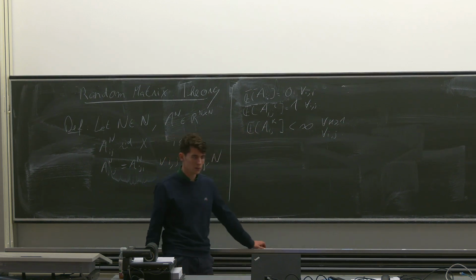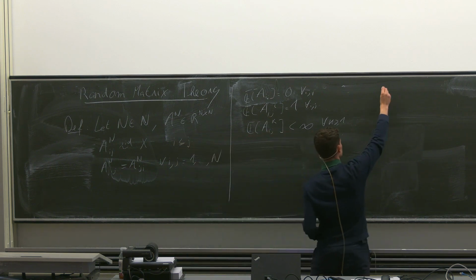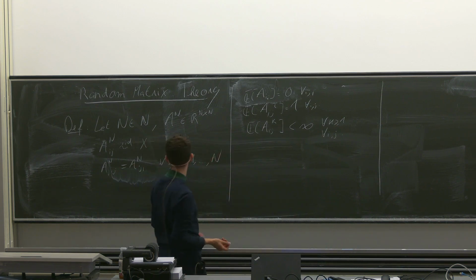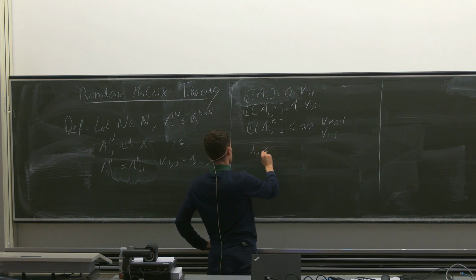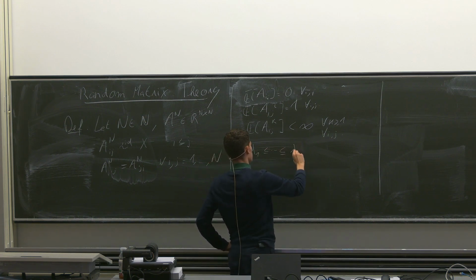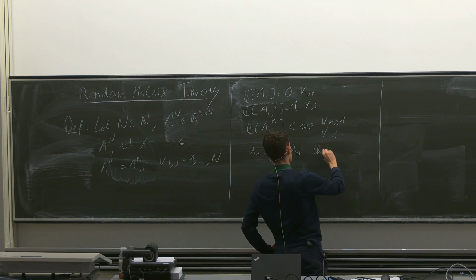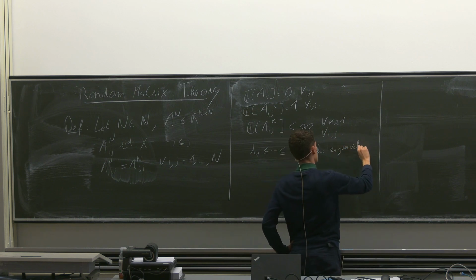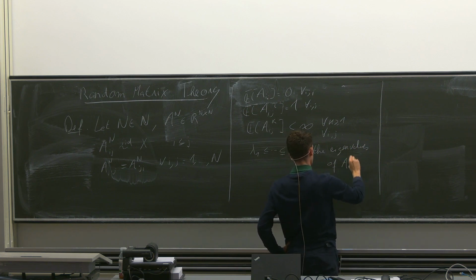So now we can do some small computations just to get started and to see a bit what are the properties of this matrix. So let me define first the eigenvalues of A_N. So we call lambda 1 up to lambda n the n ordered eigenvalues of A_N.